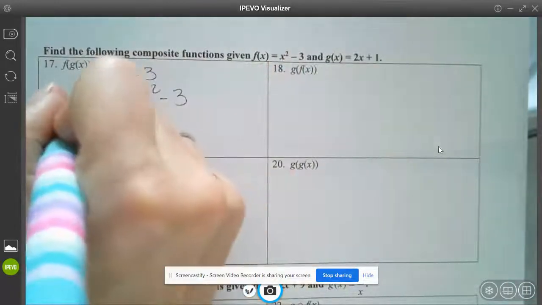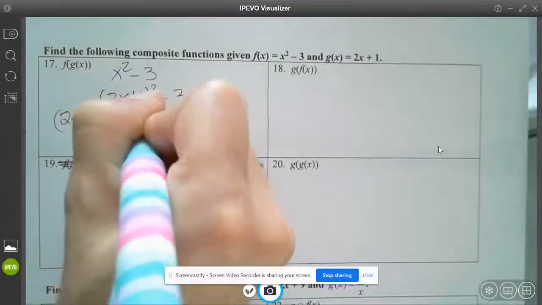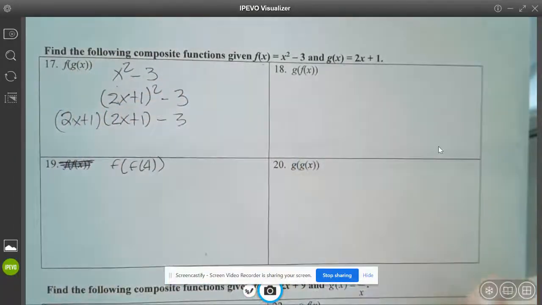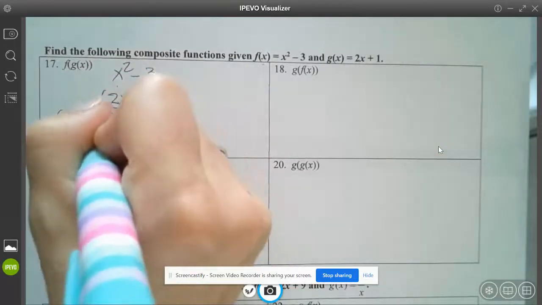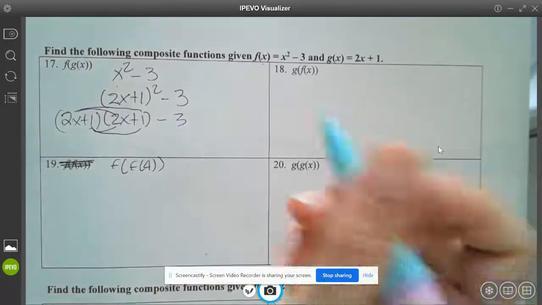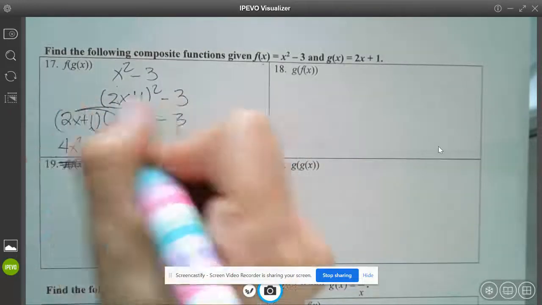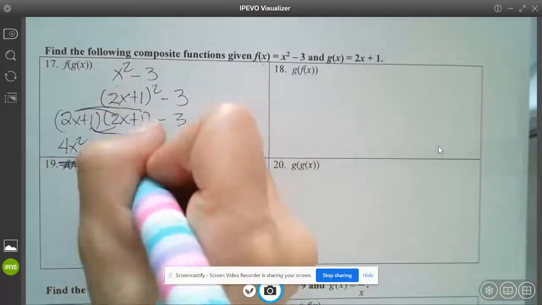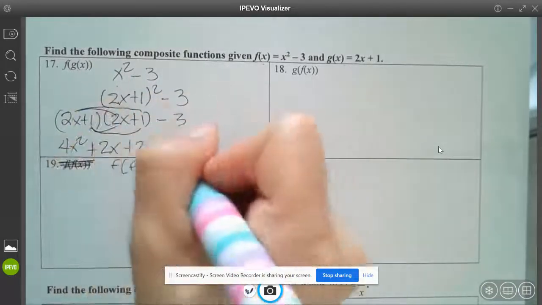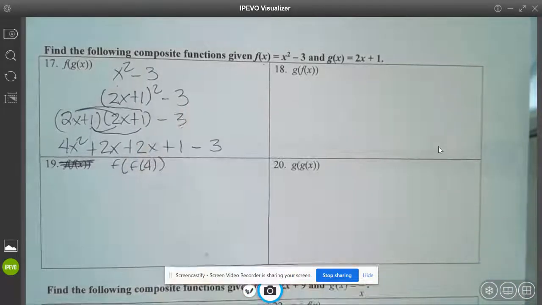So that's 2x plus 1 times 2x plus 1, minus 3. I multiply how I did it before. 2 times 2 is 4x squared. 2x times 1 is plus 2x. 1 times 2x is 2x. 1 times 1 is 1. Minus 3, right? I can't forget this one.